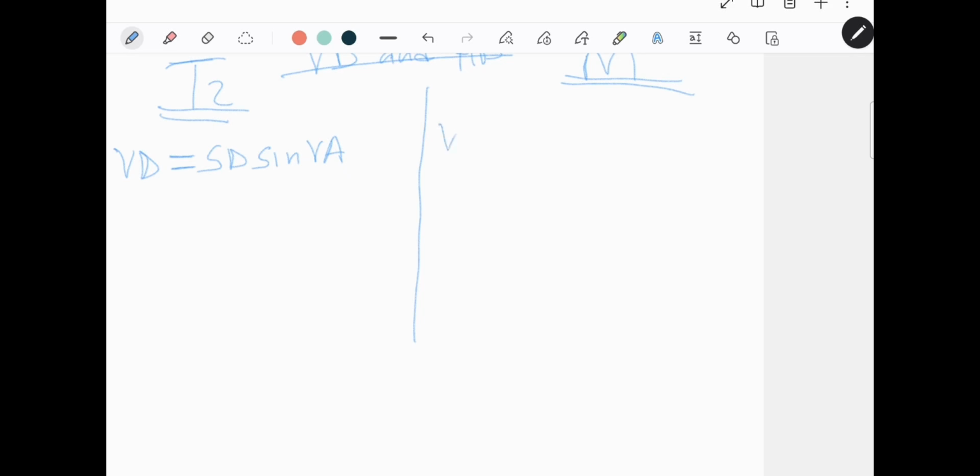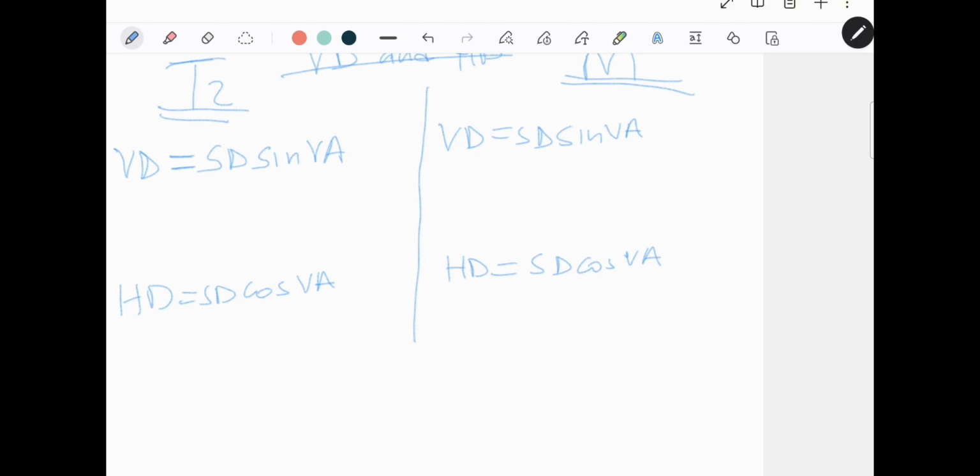The same thing applies this side. Then your HD is equal to your SD times cos your vertical angle.